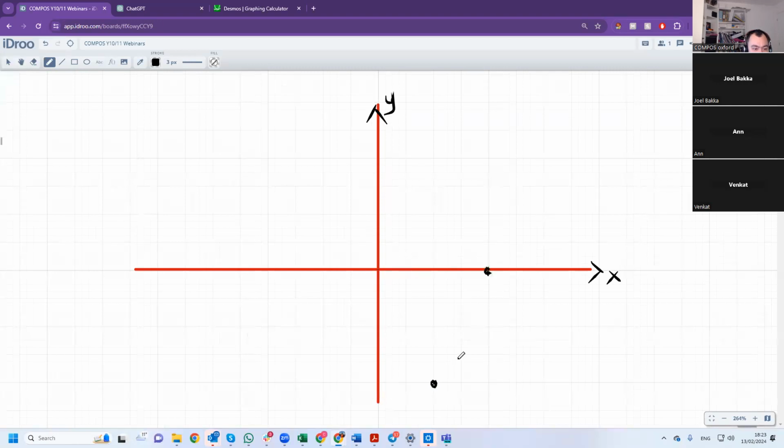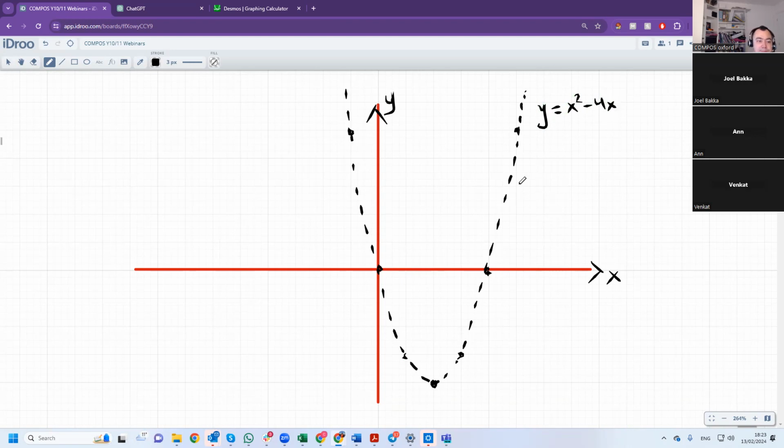The graph looks like this. This is y equals x squared minus 4x. And the other graph looks like this.